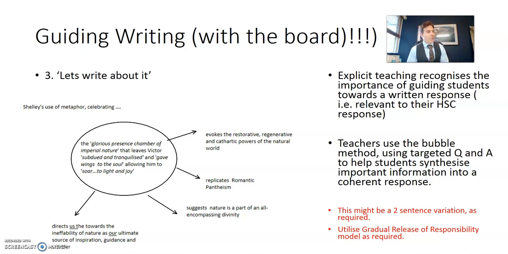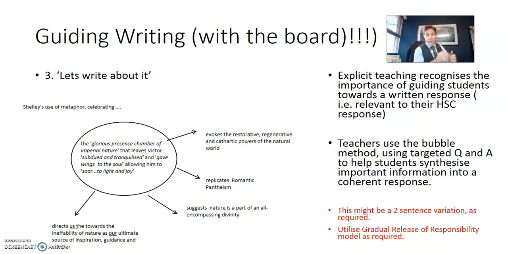Shelley, as a romantic novelist, wrote with a very clear message about a return to nature in response to the Enlightenment, and the texts do direct us to what concept. And you can introduce that word ineffability as an ultimate source of, and you can elicit those. You probably elicited those words like inspiration, guidance, and wonder in your discussion. So you draw it back.